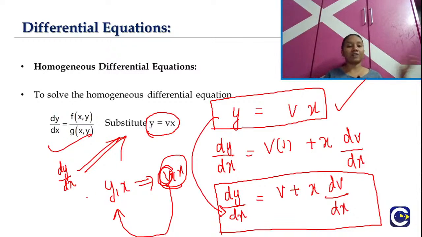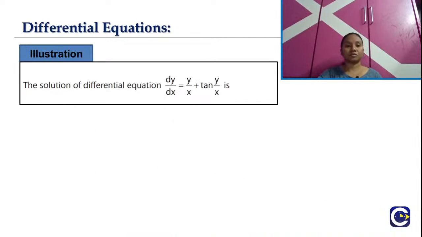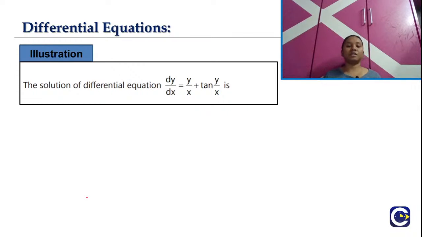Now we have understood the method of getting the solution of a homogeneous differential equation, so let's solve a question. Here comes the first question. The first thing we have to identify is whether it is a homogeneous differential equation or not.